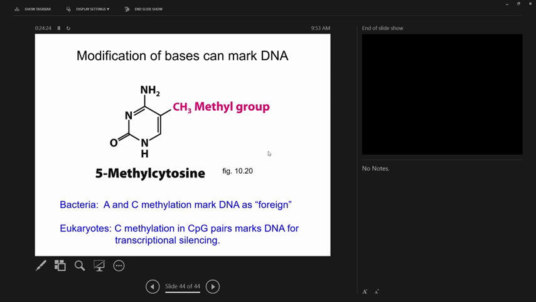So this is a cytosine. Just replacing a hydrogen with a methyl group there will, in eukaryotes, mark this for transcriptional silencing. So protein enzymes will recognize cytosine methylation and then will come in and shut down that area so that transcription doesn't happen.